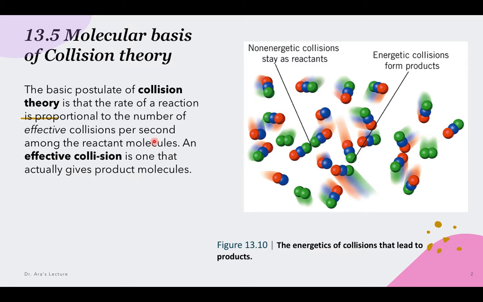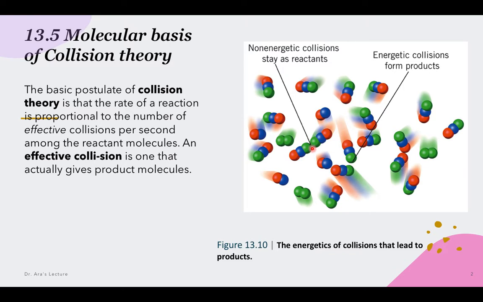So from this theory, it's very obvious that if reactant molecules collide without sufficient energy, it may not be a successful collision to form a product. If we look here, energetic collisions form product, but here there is a different orientation.